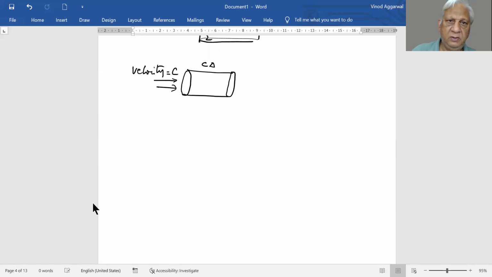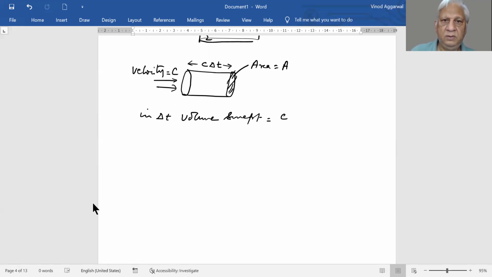It will travel c delta t distance. Let us say the area of the cross section is A. So in time delta t, the volume swept will be c delta t, length into area. This is the volume swept.